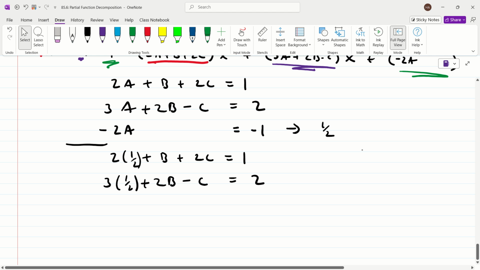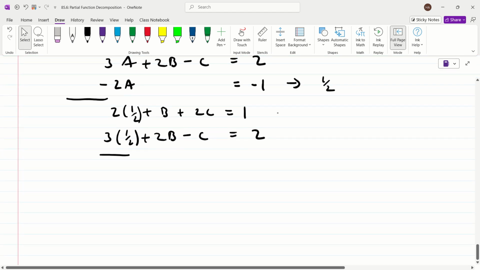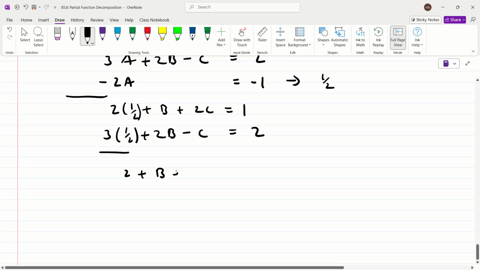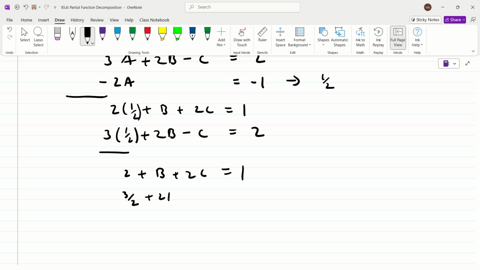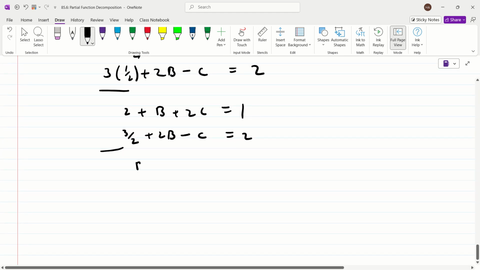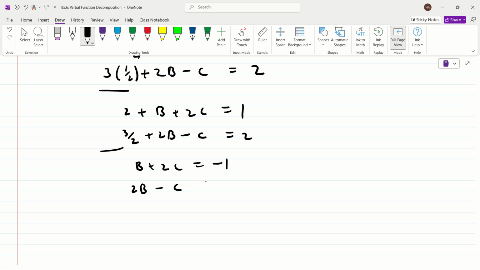So you could multiply this through, and you'll have 2 plus b plus 2c is equal to 1, and 3/2 plus 2b minus c is equal to 2. You can move things over to the other side and have b plus 2c is equal to negative 1, and 2b minus c is equal to 1/2.